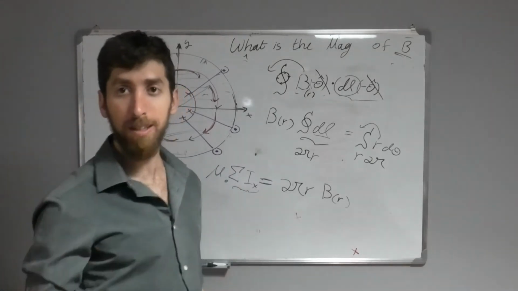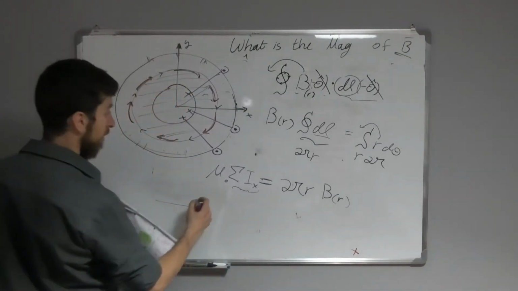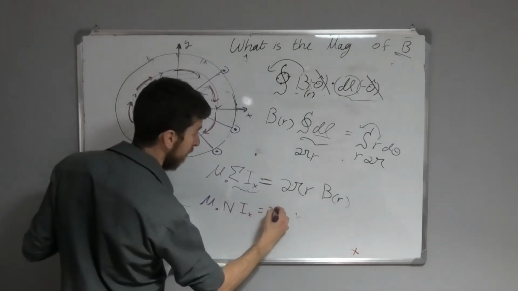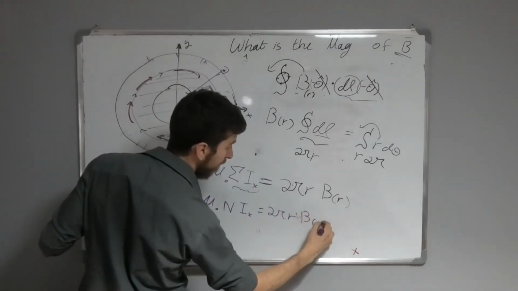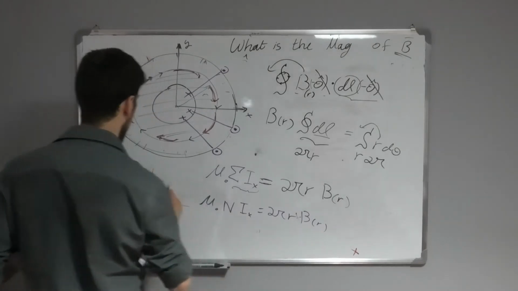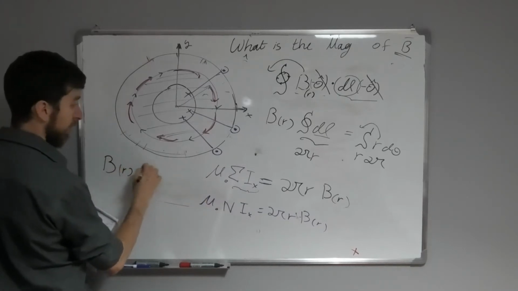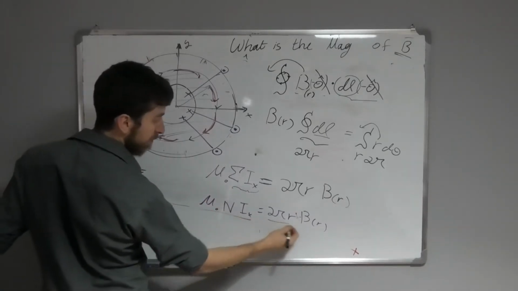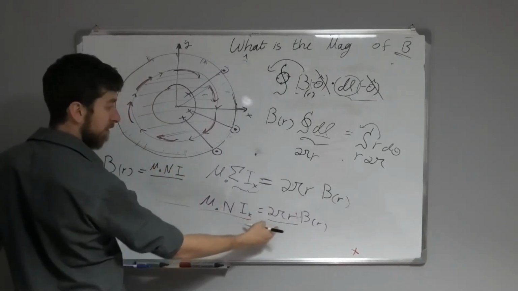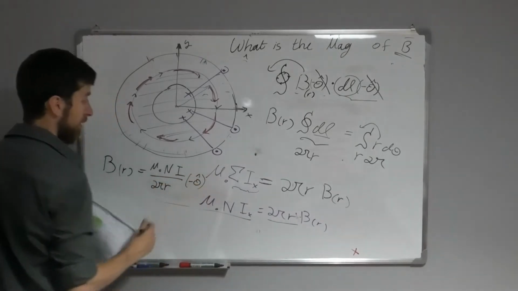As many as coils that I have, which is a given, N. So we can put here mu 0 N I equal to 2 pi r B(r). If we rearrange this equation, we get to the final result, which states that B(r) equals mu 0 N I divided by 2 pi r, and remember this is in the direction of minus theta.